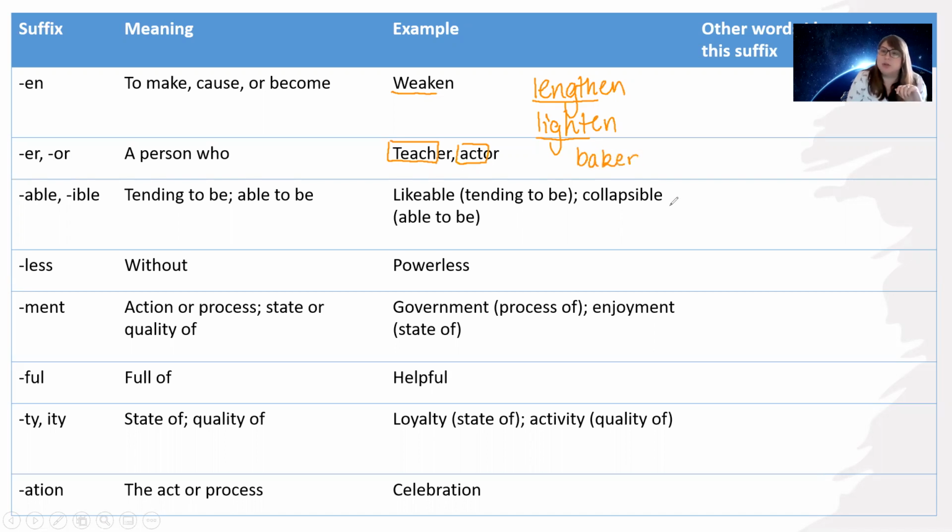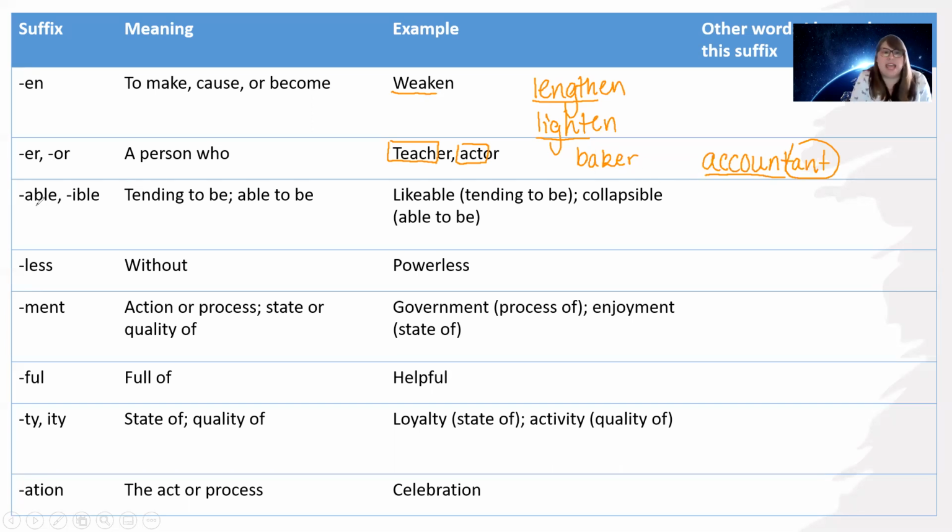It is a person who bakes. An example of something that doesn't work this way is something like an accountant. Now, an accountant does have a root word, it has account, but it doesn't have that suffix to show me that it is a person who does something. So not every job works this way, just some of them do.